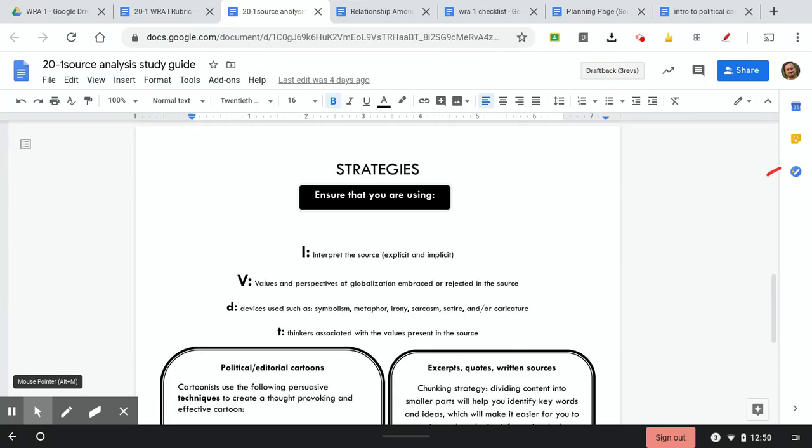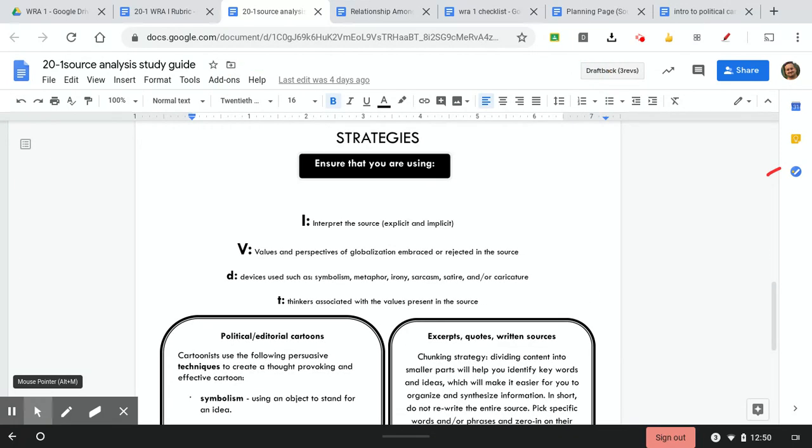Now let's get into our strategy for performing a source analysis. We should have already talked about this in class, but the method we use is called IVDT. This is the sort of thing where if you follow it step by step, you start with I, then move to V, then D, then T, you can guarantee that you are performing a thorough source analysis.